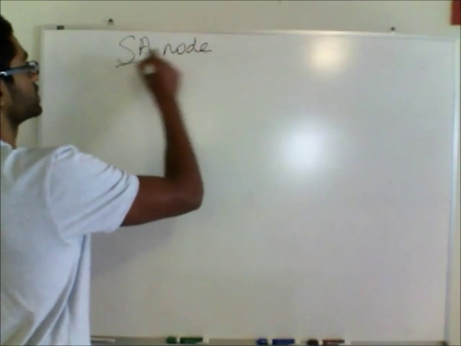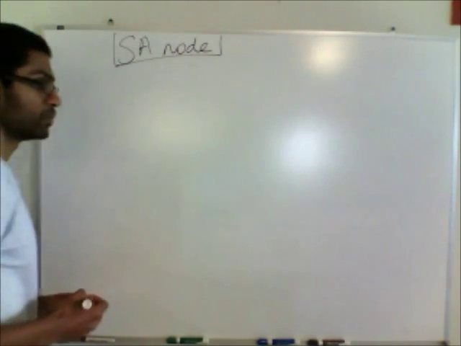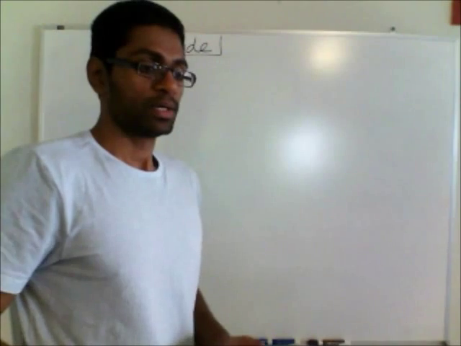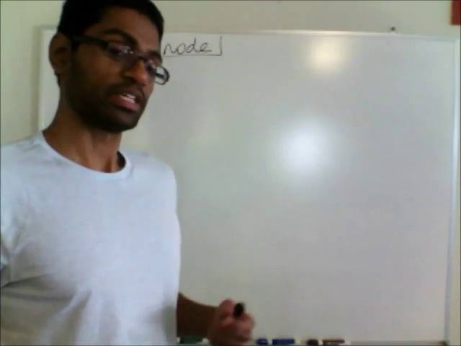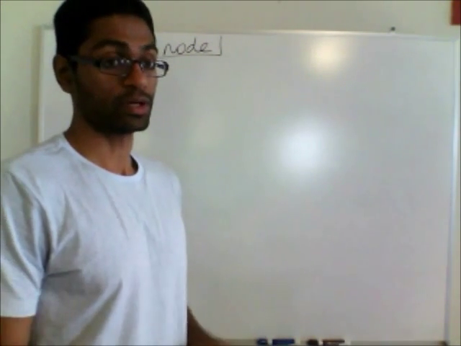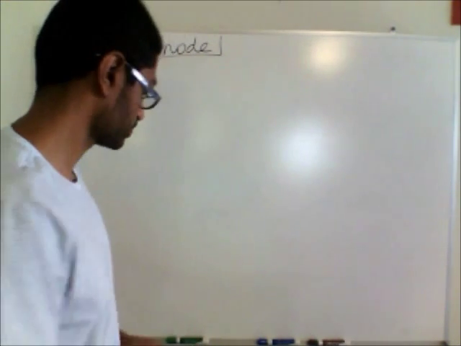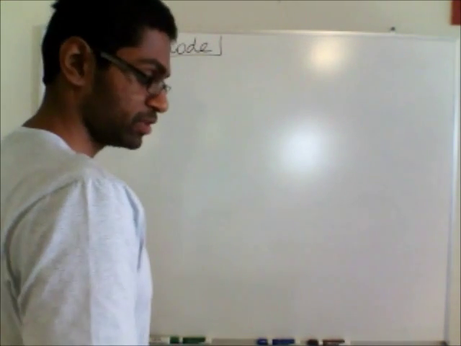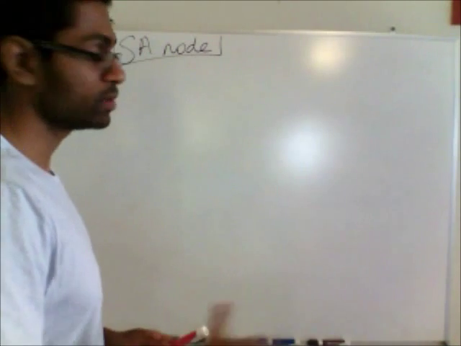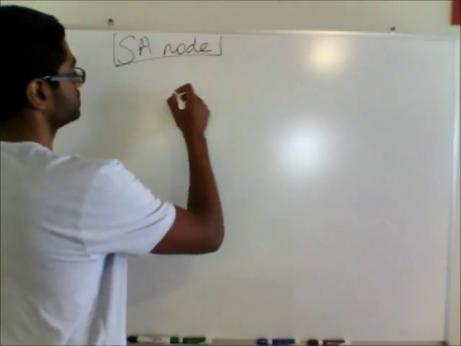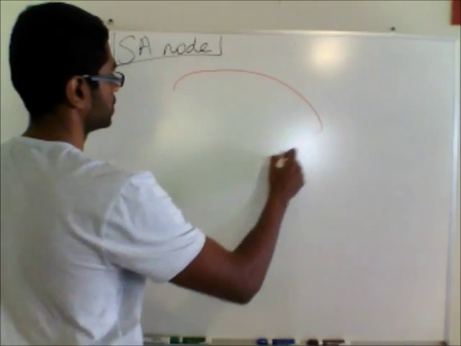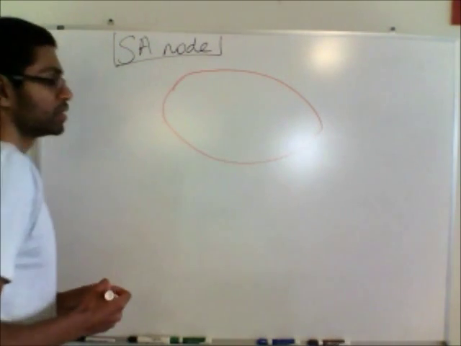This is pretty much the same for the AV node as well, except obviously we mentioned that it doesn't go as fast, right? Okay. So let me draw the AV node. I'm sorry, the SA node. Here's the SA node, the same. Okay.